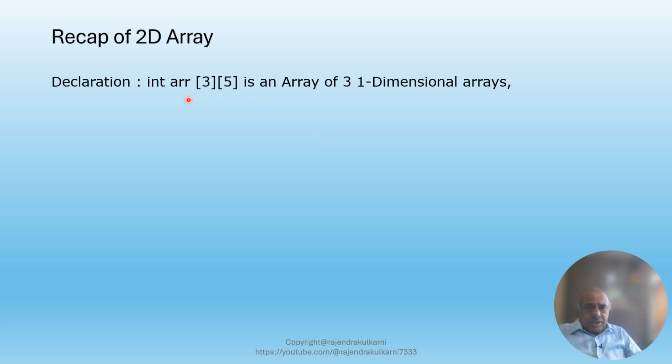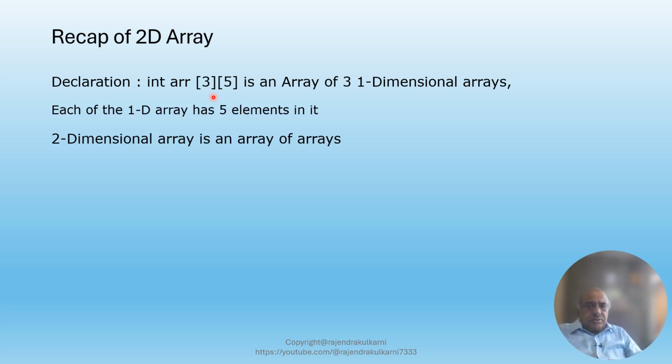Here we can see the first subscript 3. It tells the compiler that the array arr will have 3 1D arrays as its elements, and the second subscript tells us that each 1D array will be of 5 elements. So a 2D array is an array of arrays.